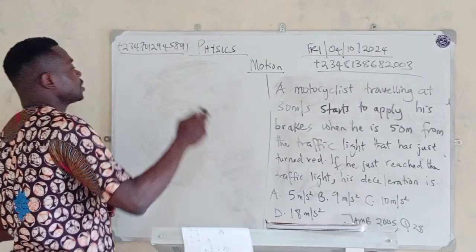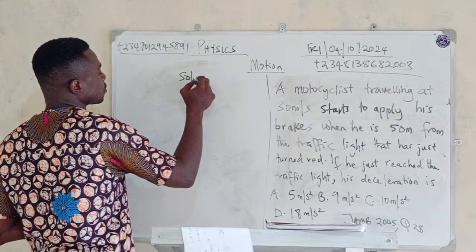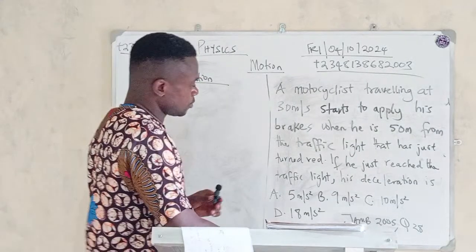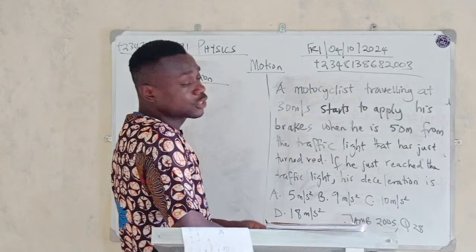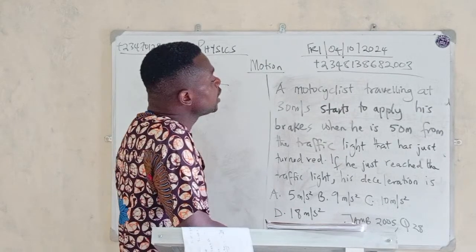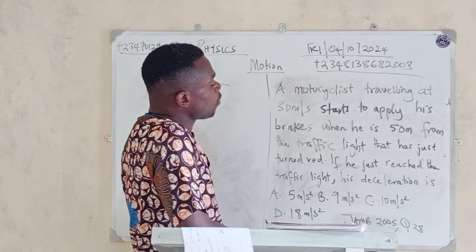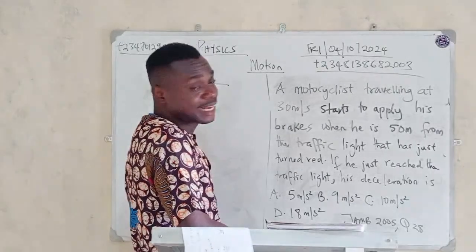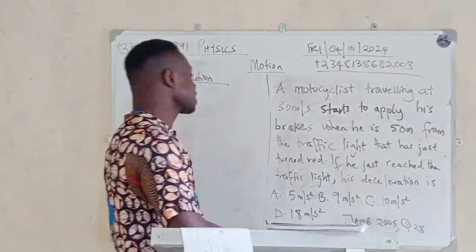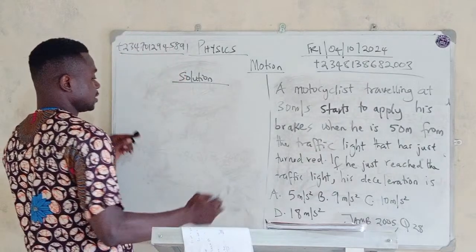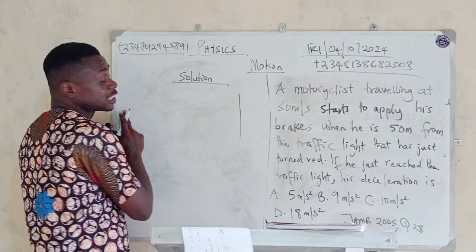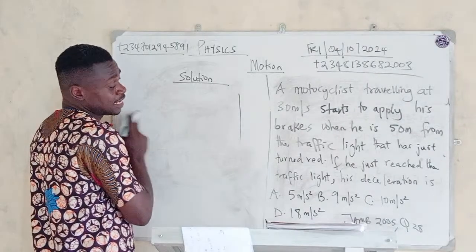Alright, let's solve the question. Solution. For us to solve this question, we need to really understand the motion, the movement of the motorcyclist. Let's assume this is the traffic light.